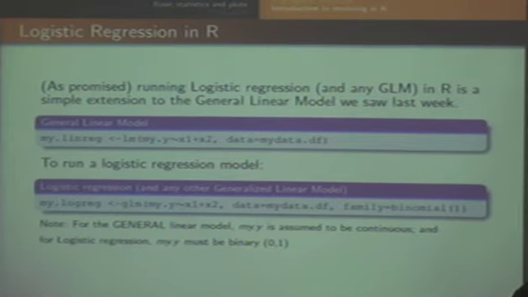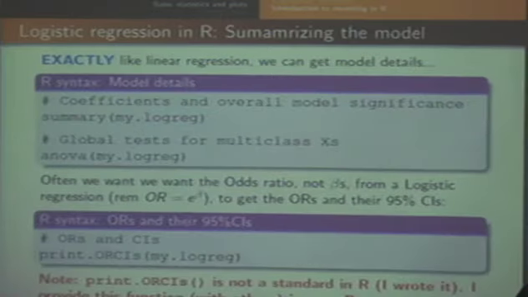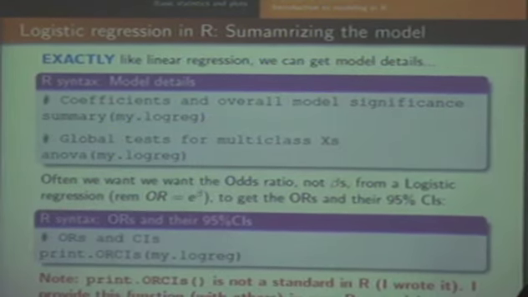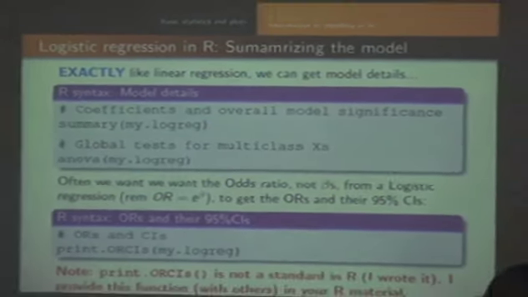So I'm assuming we're going to use the canonical link. That is the link function that is most commonly used with that distribution. Exactly the same as linear regression or the general linear model, and this is the beautiful thing about R.